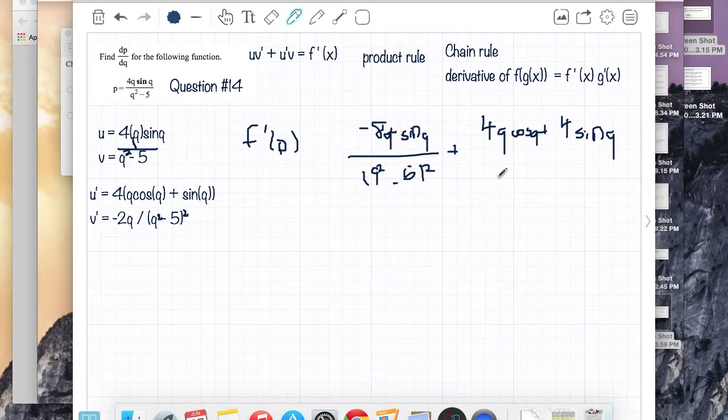Good. Okay, and then that's all times v, which is just 1 over q squared minus 5.